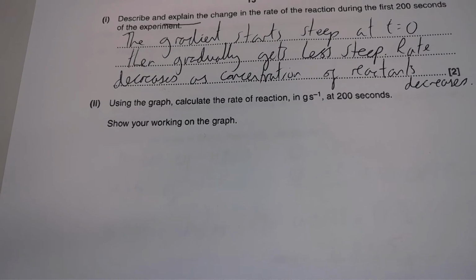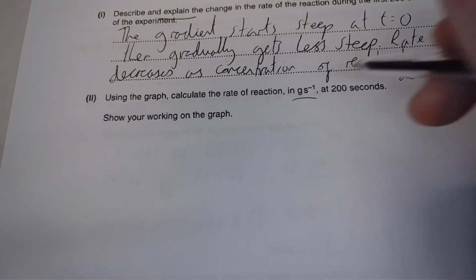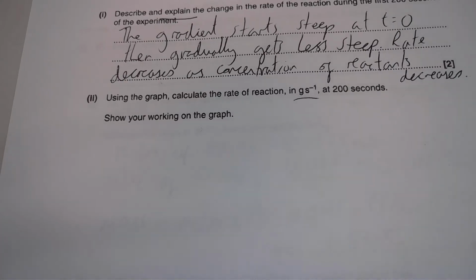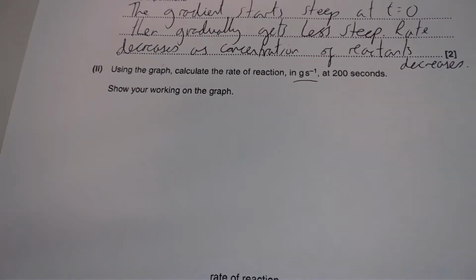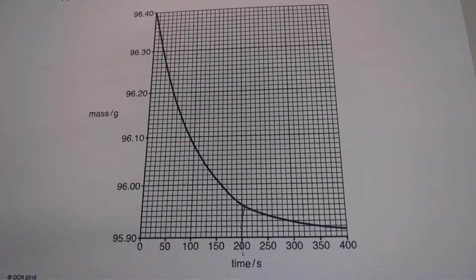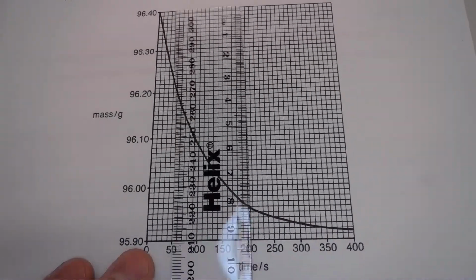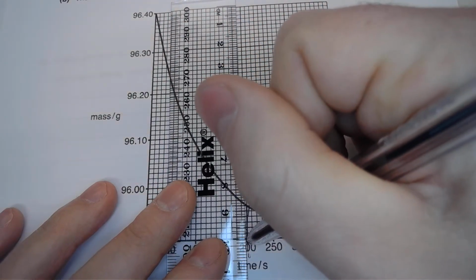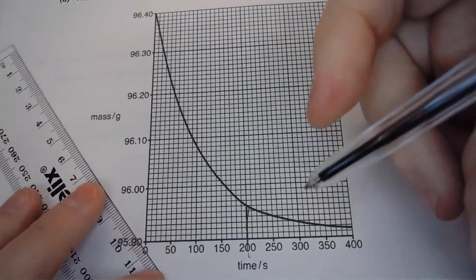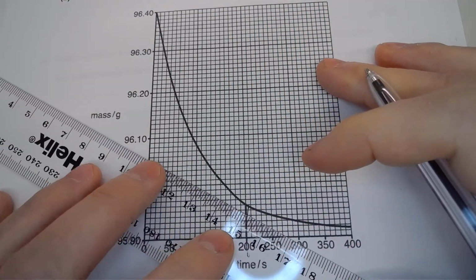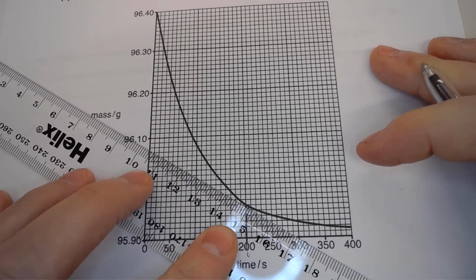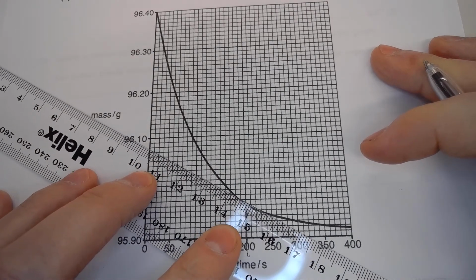Use the graph to calculate the rate of reaction in grams per second at 200 seconds. Show your working on the graph. Right, so this is drawing a gradient. I've got my line, probably should draw it a bit better than that. So at 200 seconds I'm going up, and where that line meets the graph, I've got to put the tangent on. So let's put my ruler, and I don't want to cross the line.